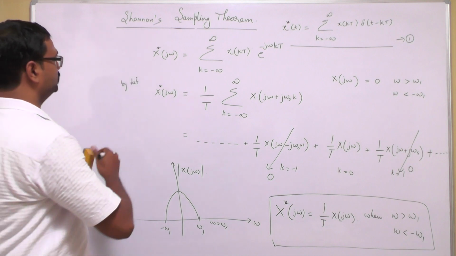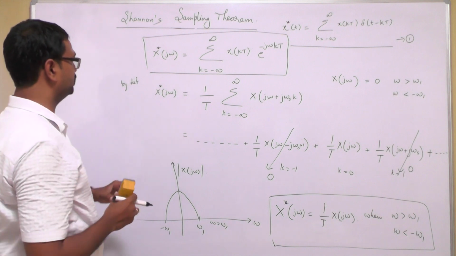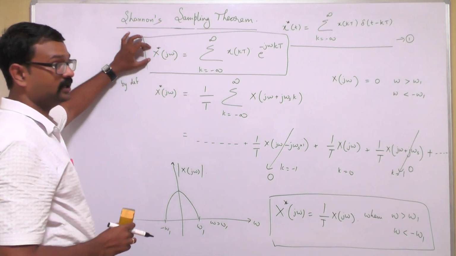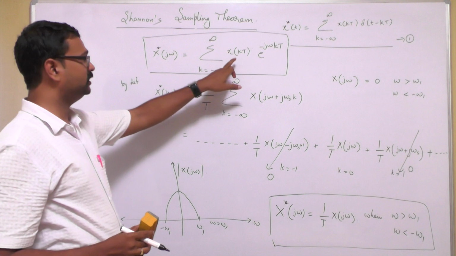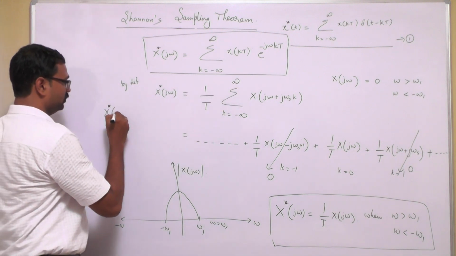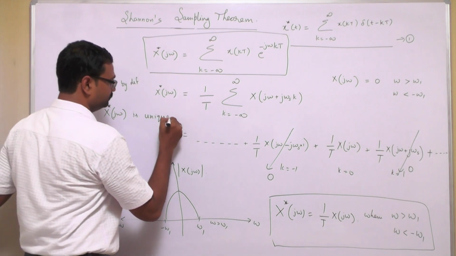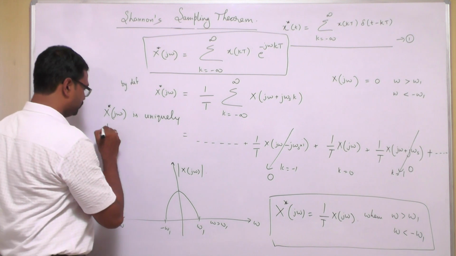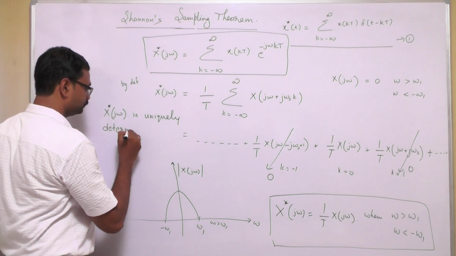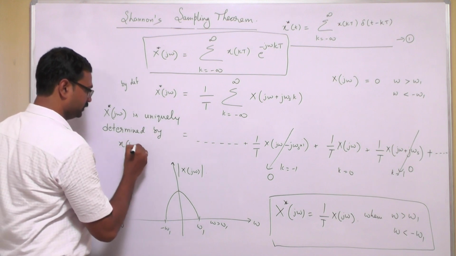Under this condition, x star of j omega is equal to 1 by T x of j omega. Now you can see from this diagram and this equation that x star of j omega is uniquely determined by x of kt.